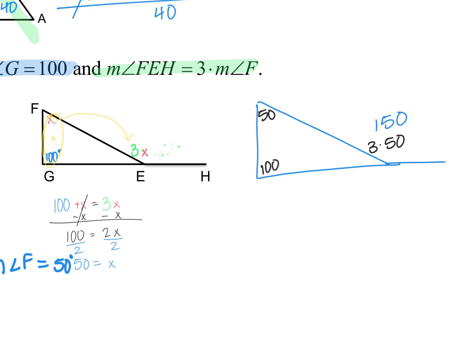If I add these two, I'm going to get 150. And is this angle 150? Yes. So it's 50 degrees. Does everybody understand me checking my work? Remember, the two inside angles equal the outside angle. So by me checking my work, 50 is going to be my answer.